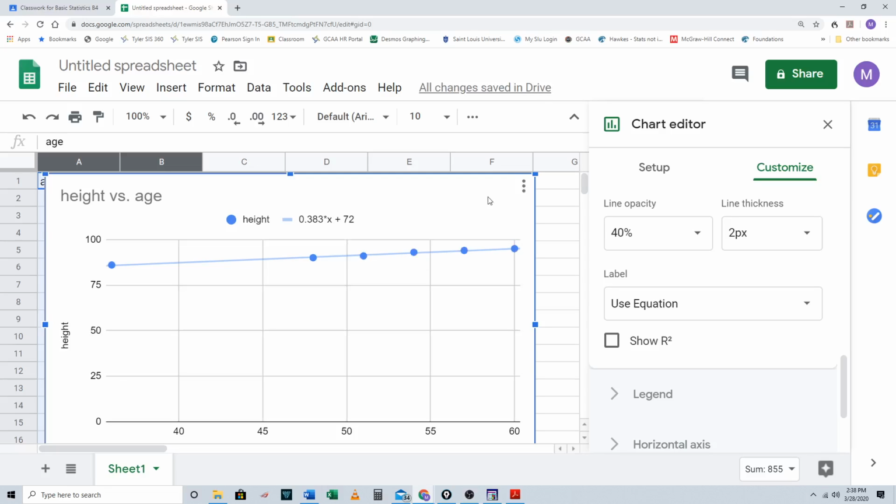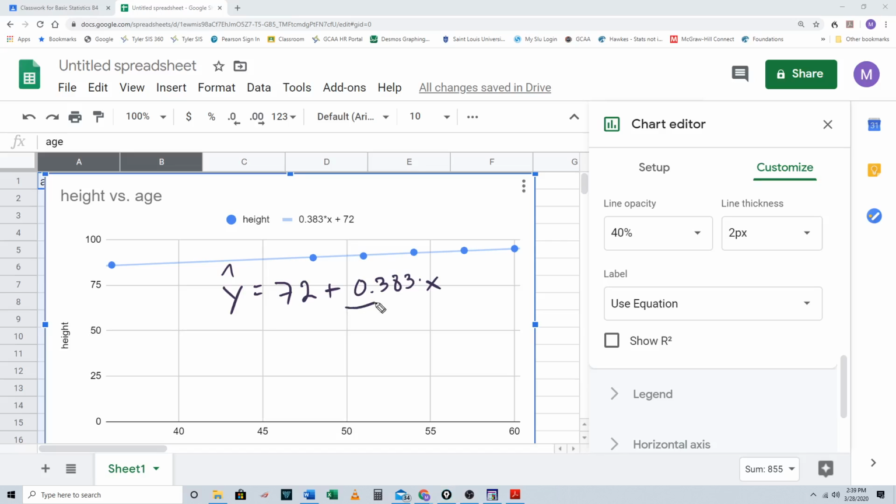Now, again, this isn't the way the book likes to answer things. They like to answer it backwards. They want you to write this equation as y hat is equal to 72 plus 0.383 times x. This pen tool is new, and I keep making some mistakes on it.